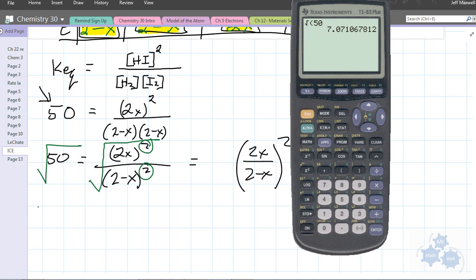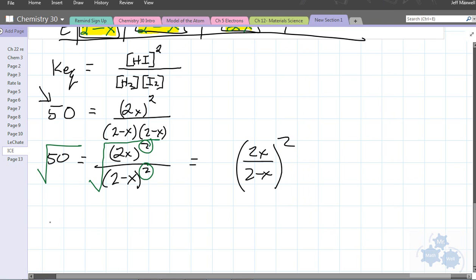Don't take the time to simplify it and write it as an exact value. Just plug it in your calculator, because when we're talking about amounts of substances, we're really interested in the decimals. If we're in calculus or something like that, then exact values are really important, but not so much here. So it's okay just to do 7.0716, and keep that number on your calculator, because we'll probably need to use that in a bit.